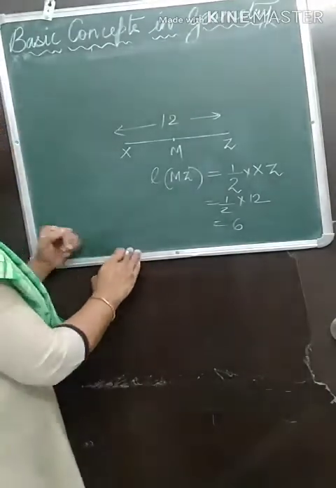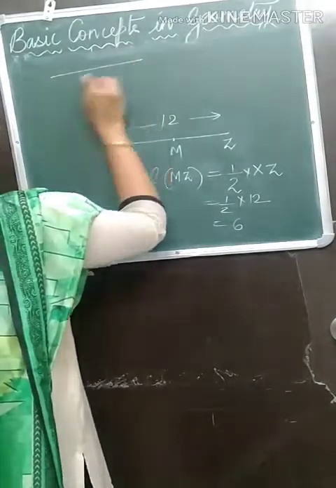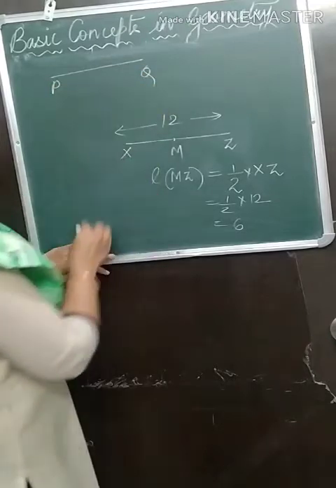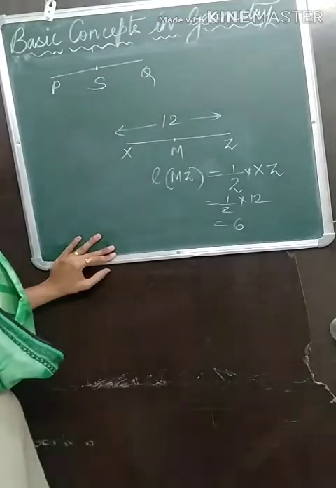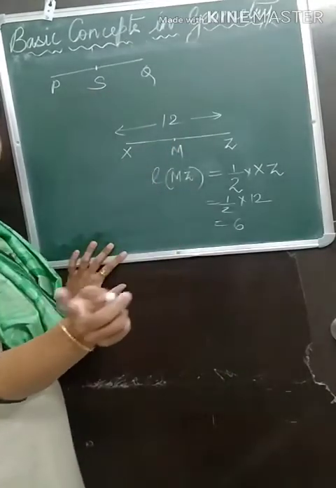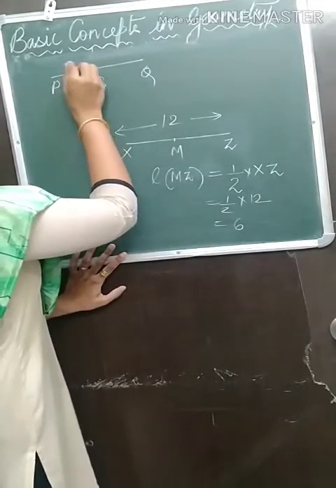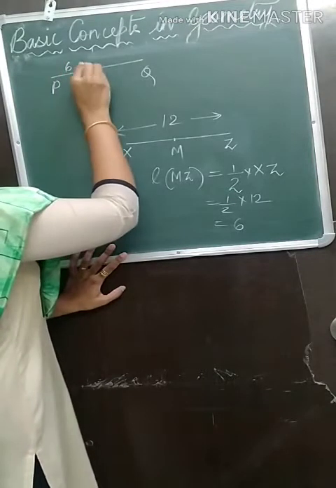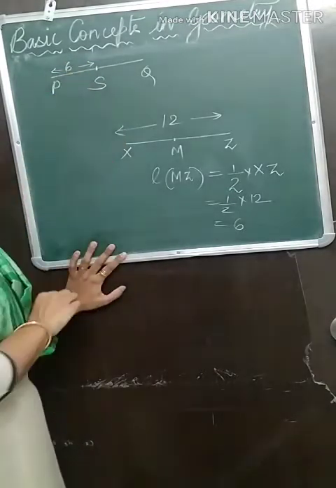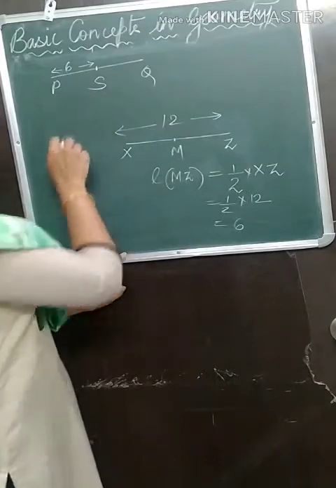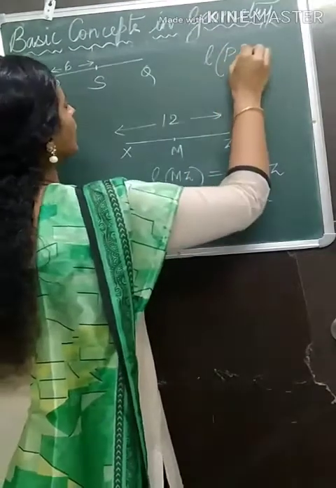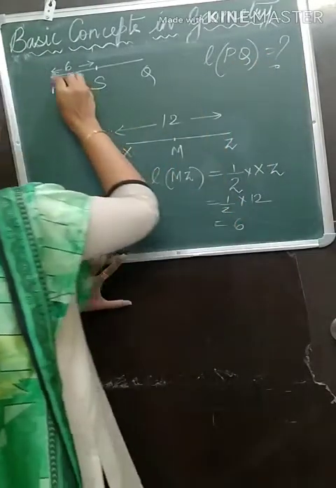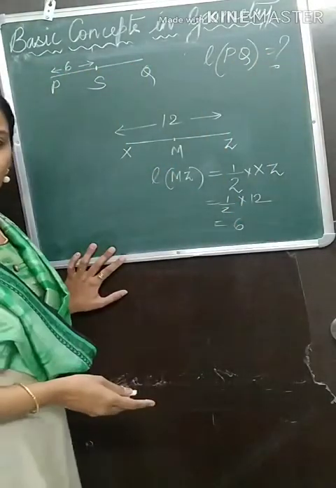Now the second type. Let the segment be PQ. S is the midpoint of PQ, and SP is equal to 6. I am asking you to find the length of segment PQ. How much will be the length of the full segment?